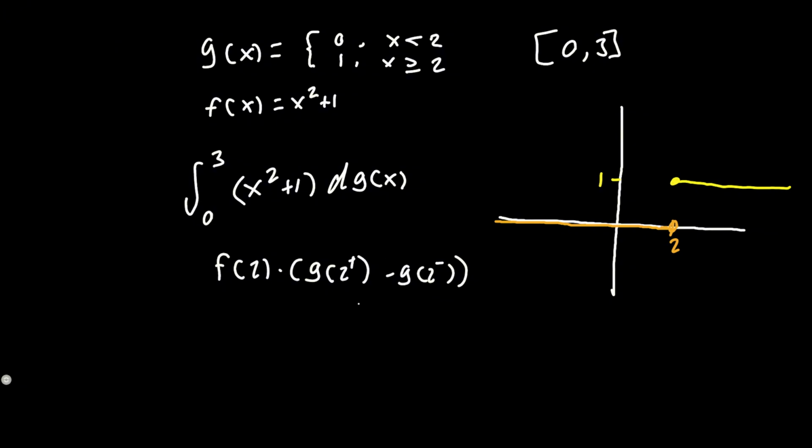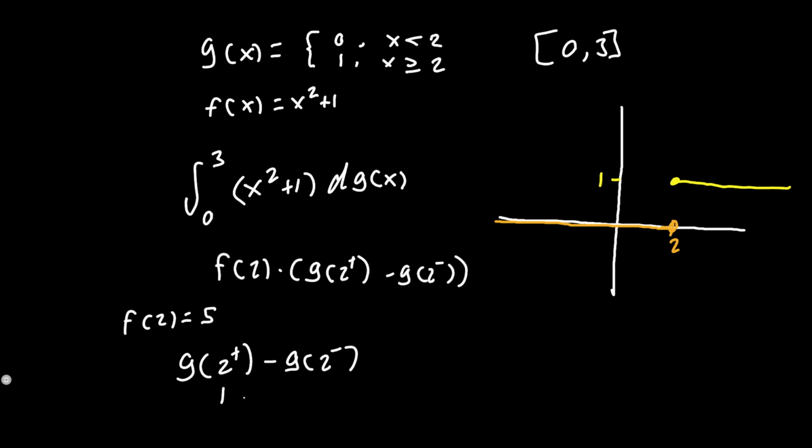So now what we want to do is compute it. f of 2 is simply 2 squared plus 1, which is 5. And now we want to find what the jump is. The jump in g of x is g of 2 from the right side minus g of 2 from the left side.